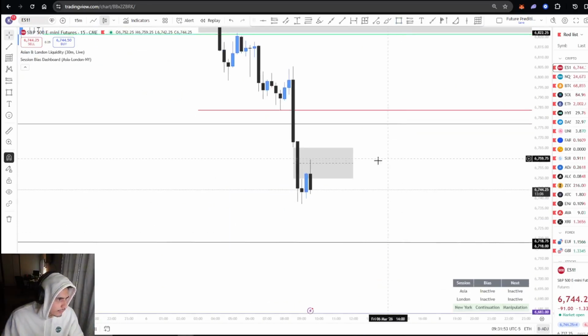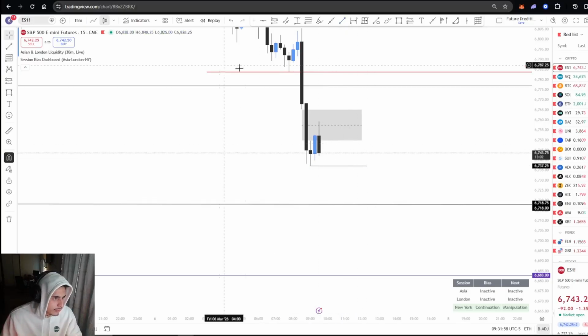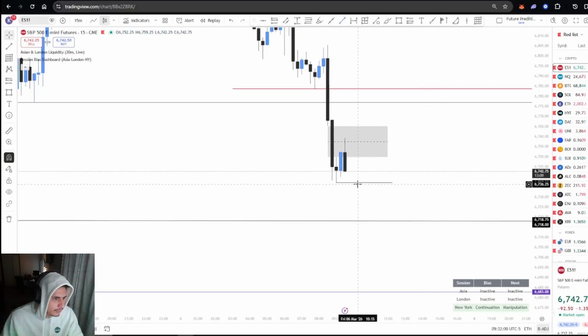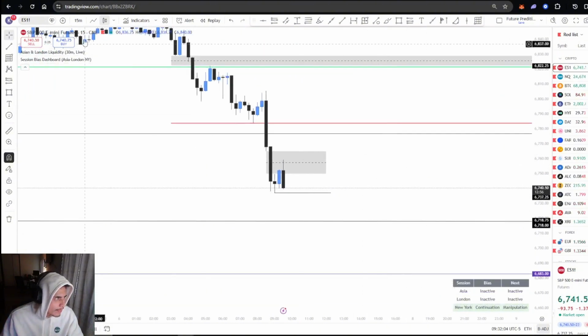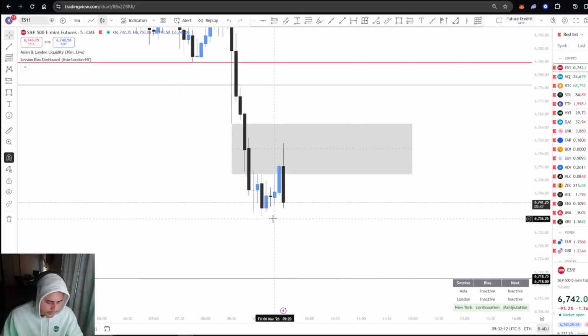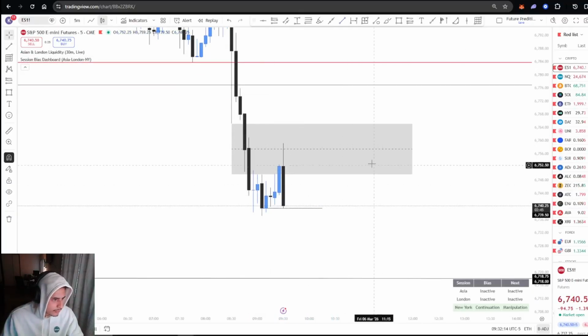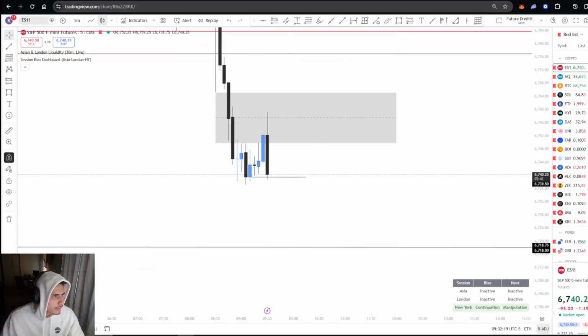Yes, filled it up. And then break of structure here. We can even break it down more to the 5-minute chart, so you can see a break of structure here. Just wanna wait. You gotta wait, guys.